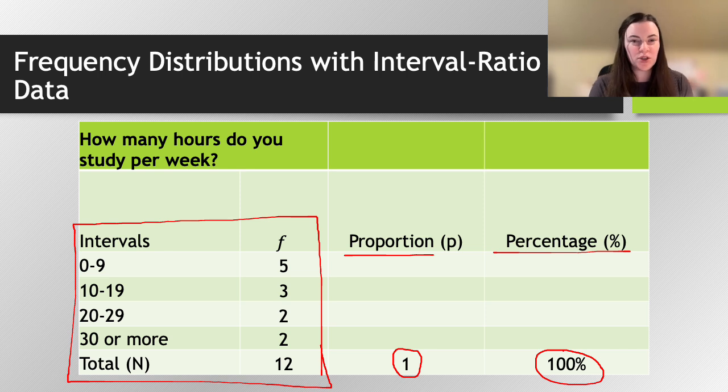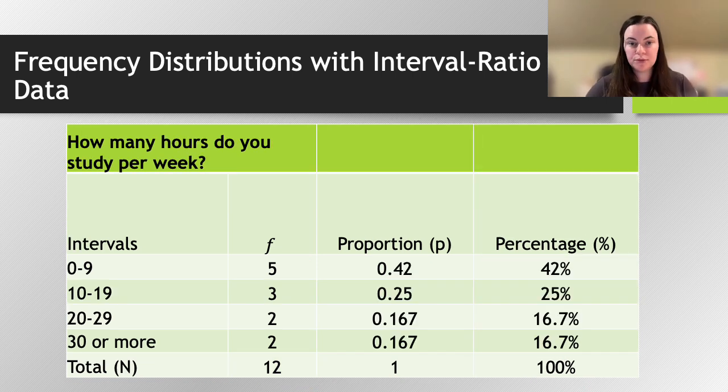So if you end up with a total around 0.99 or 1.01, that's totally okay. Same goes for our percentage column as well. So go ahead and work through this individually, and on the next slide, I will show you the outcomes of this frequency distribution, and you can compare it to your own calculations.